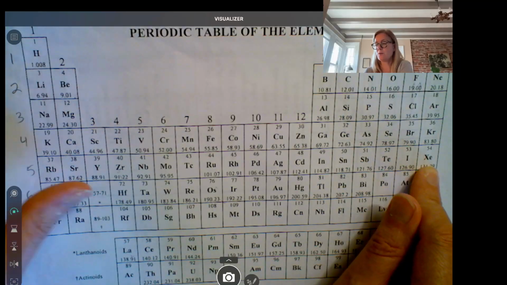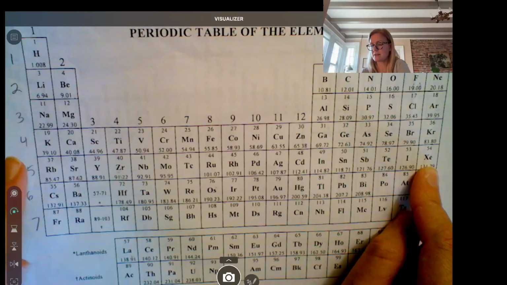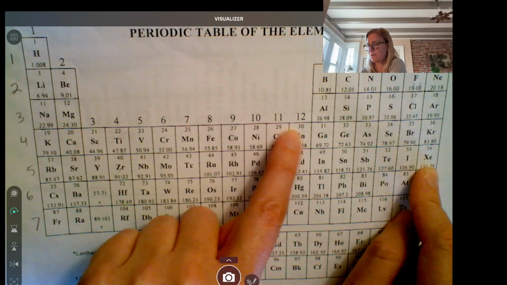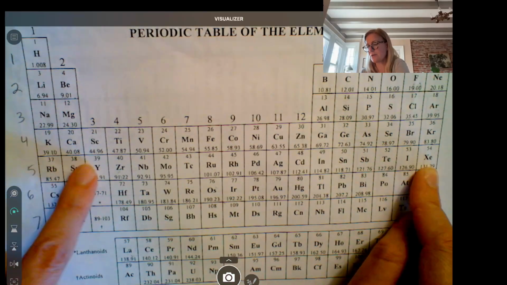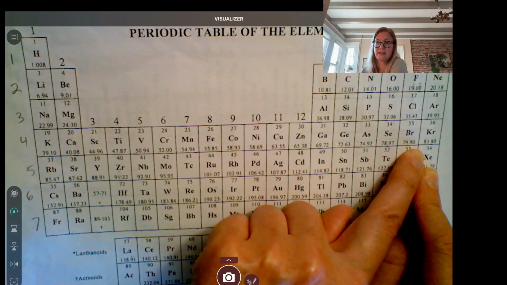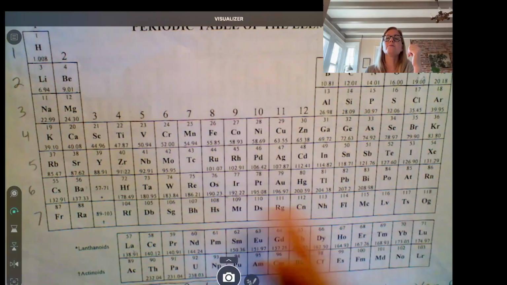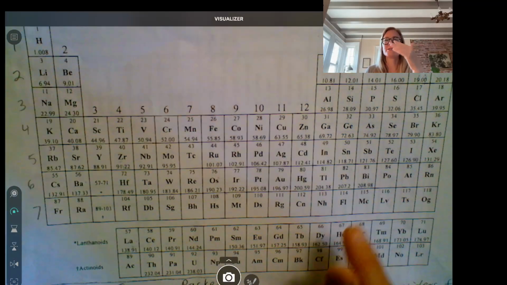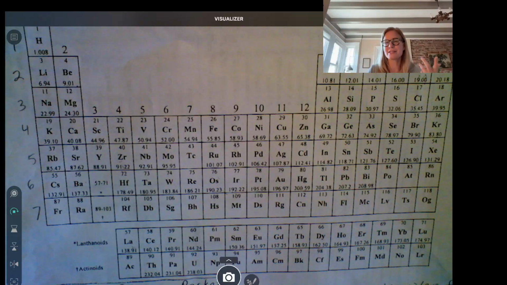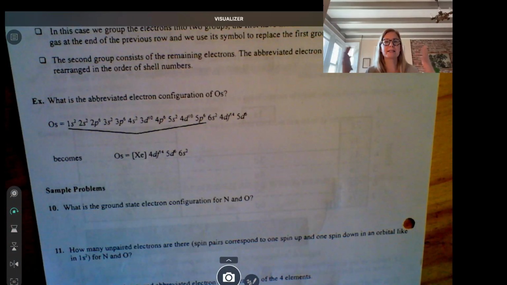So instead of writing 1s2, 2s2, 2p6, 3s2, 3p6, 4s2, 3d10, 4p6, 5s2, 4d10, 5p6, instead of writing all that beginning stuff, we're just going to write Xe. And then we'll add on from there, okay? Because it's usually only those outermost electrons that we really care about. Those are the ones that participate in bonding. Those are the ones that are excited by absorbing visible light and stuff like that.